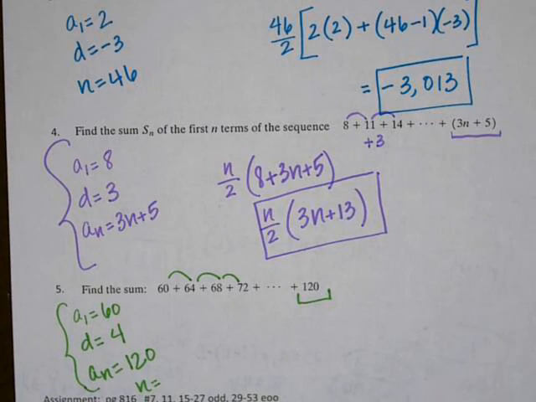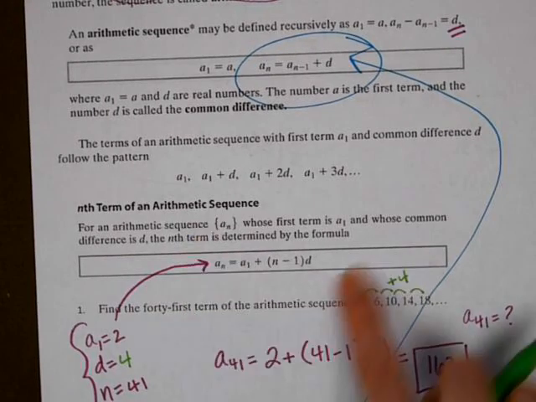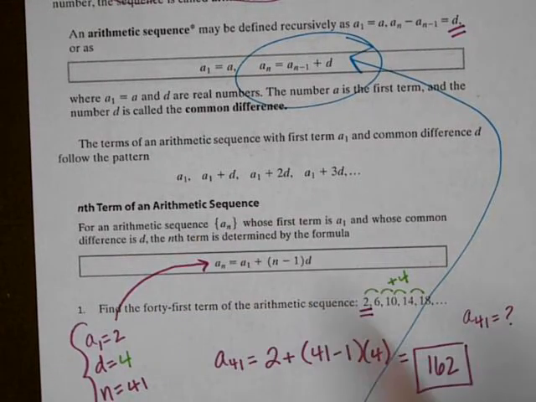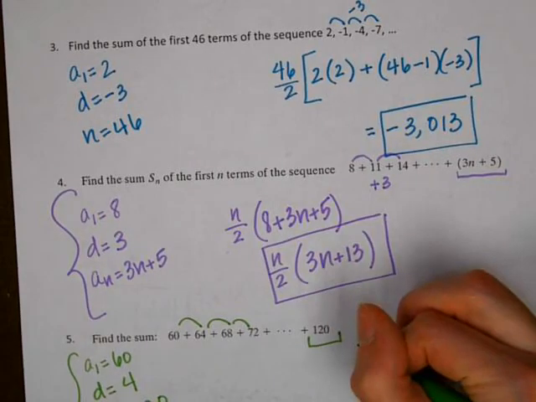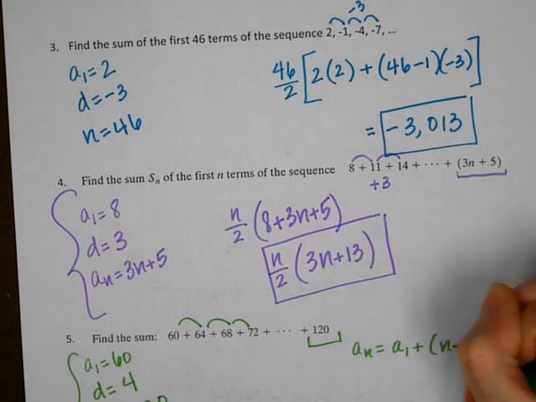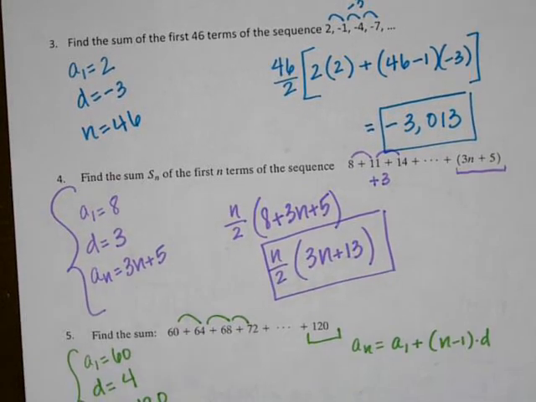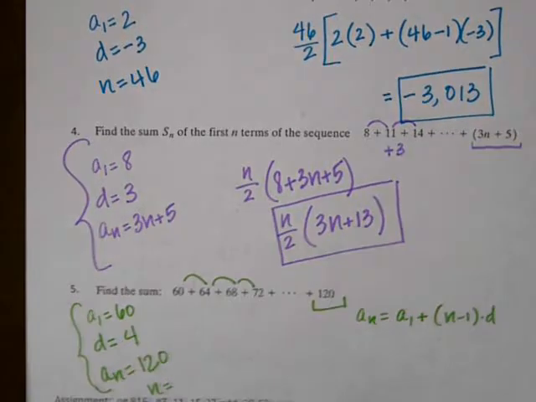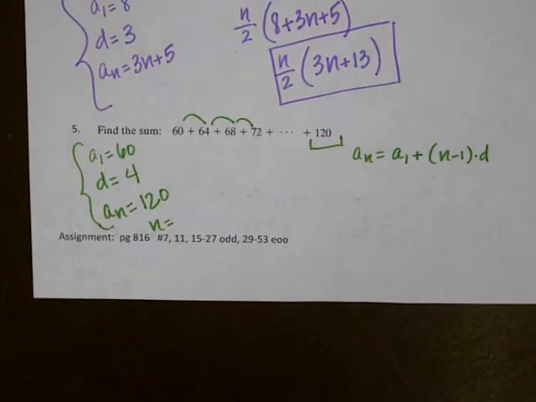All right, so how could we find n? Well, we can plug all this stuff into this formula to try to find n first. All right, so remember this formula. A sub n equals a sub 1 plus n minus 1 times d. We have to find n first in order to get our answer.